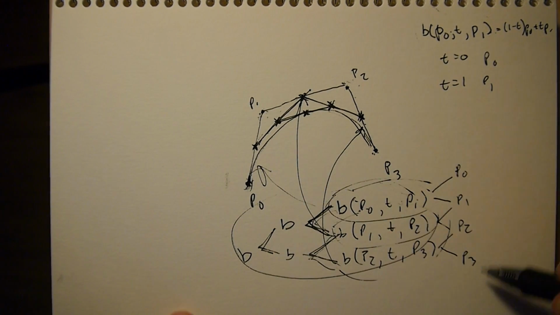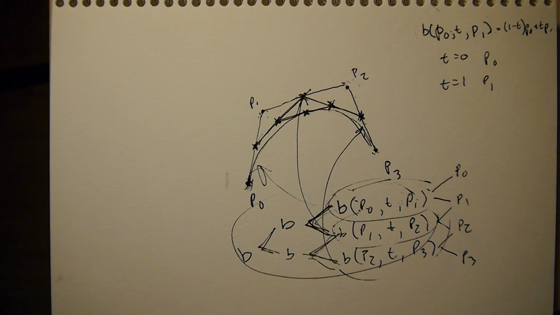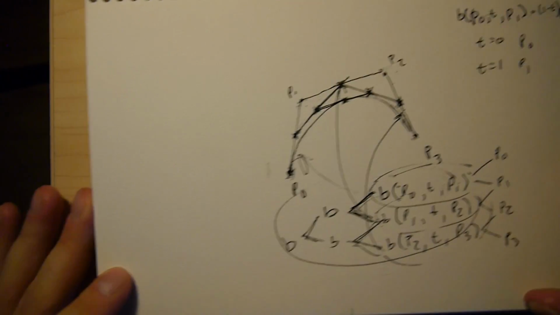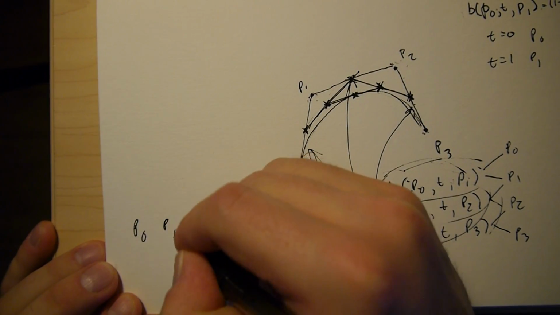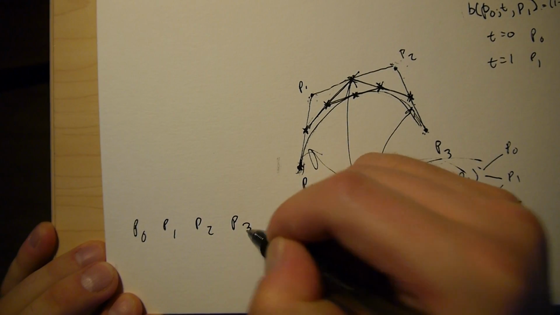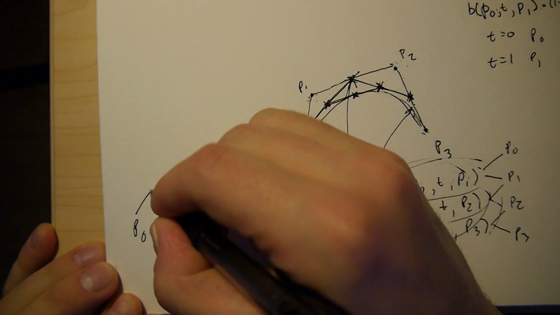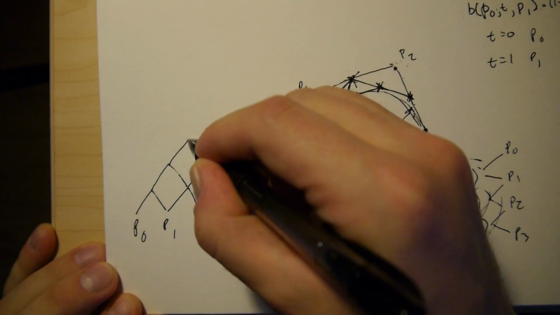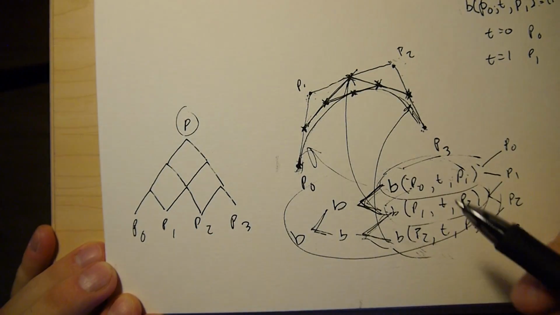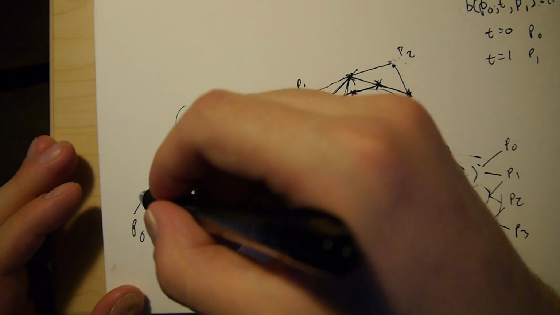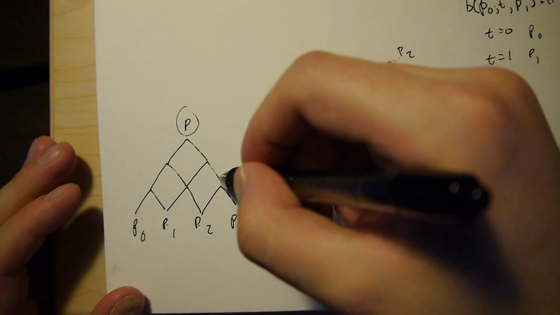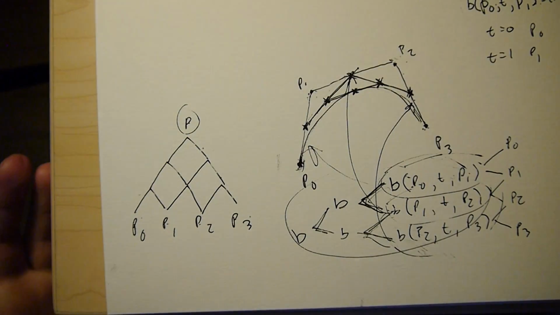So I could really write the whole thing that way. So let's just do that. Let's just do p0, p1, p2, p3, and imagine applying b this way. To get my final point, I just b each pair, I b the results, and I b the results one more time, and there I go.